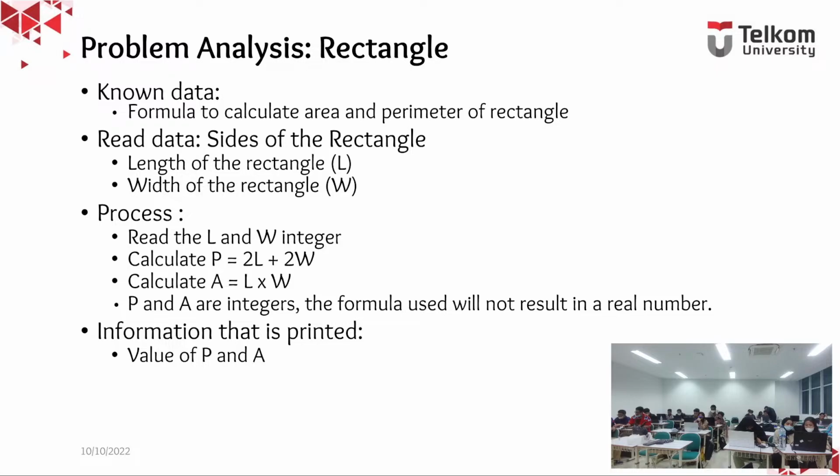The process is to calculate the perimeter and the area based on the formula. And what information should be printed? The value of perimeter and area. I know that you already do it, but sometimes maybe you don't realize that we actually think in structure like this.